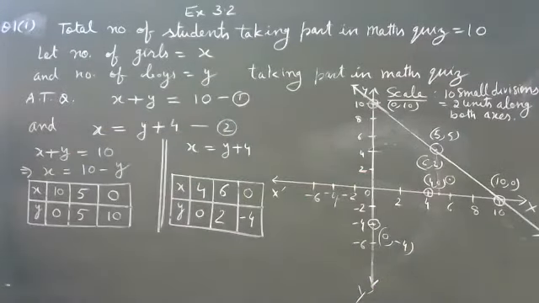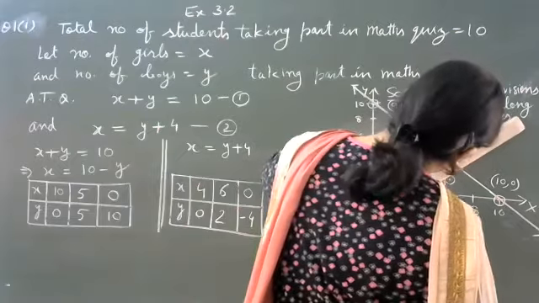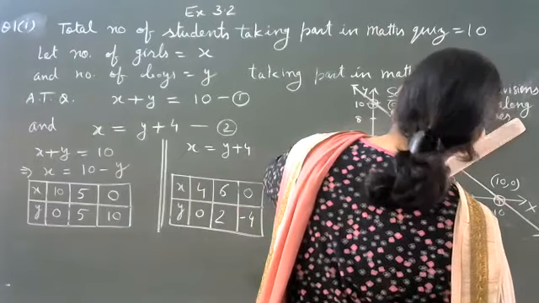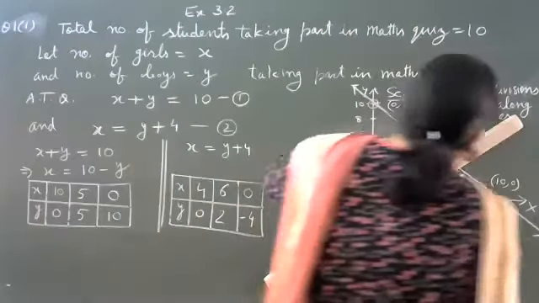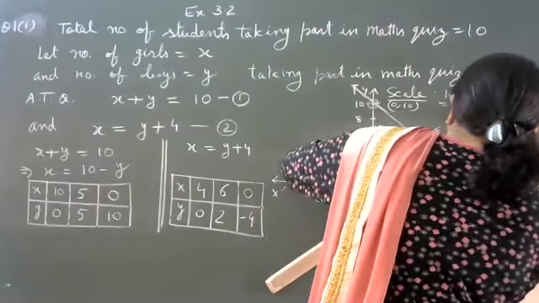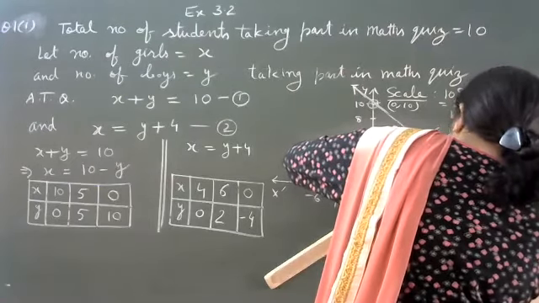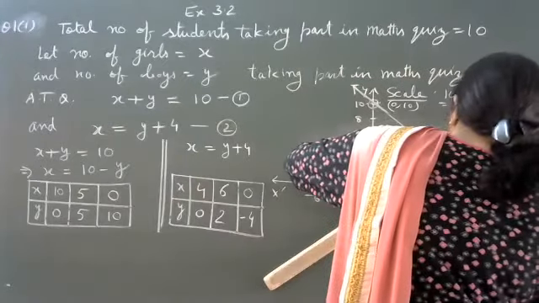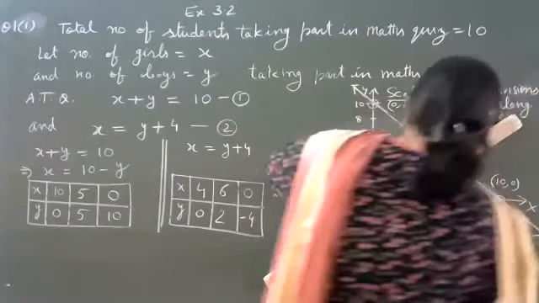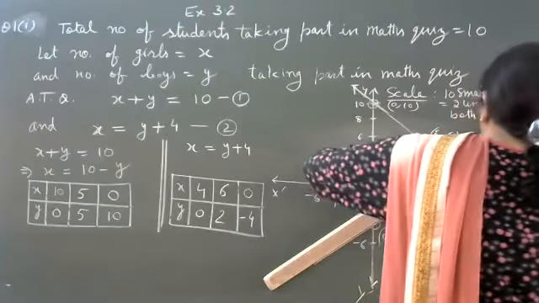Now join all these points to make a straight line. We have 3 points. You can extend the line.